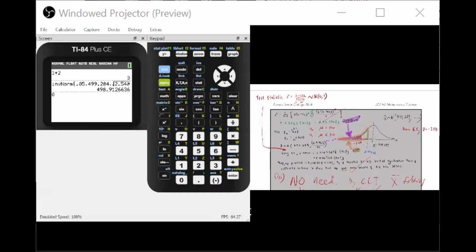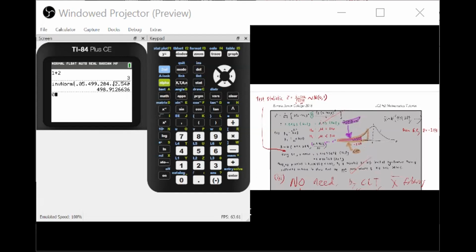This axis of symmetry is not 499.824. This graph here is actually for Z following N(0,1). So this here is actually x equal to 0. We are drawing the test statistic graph.